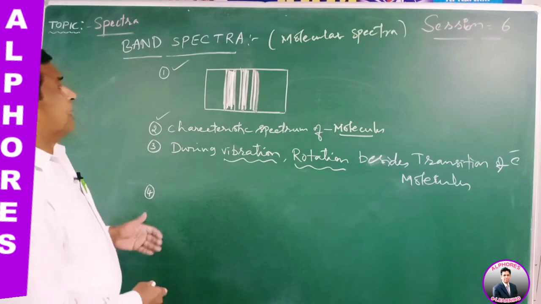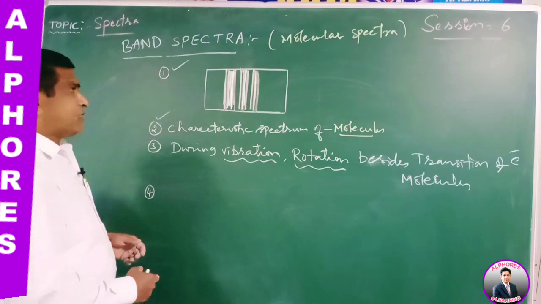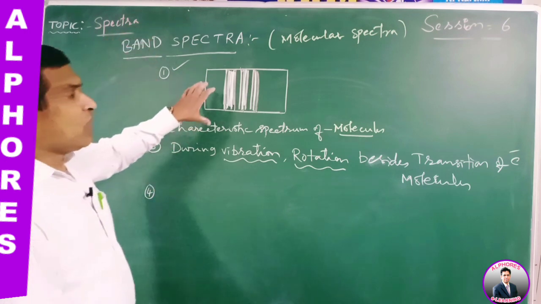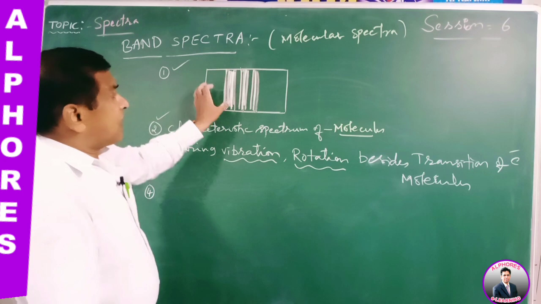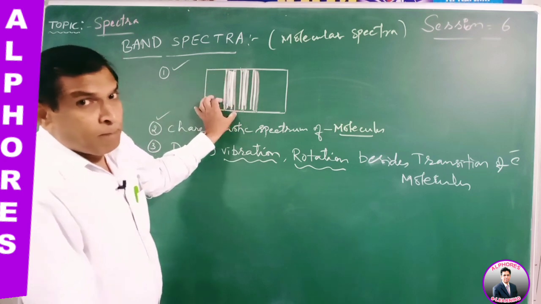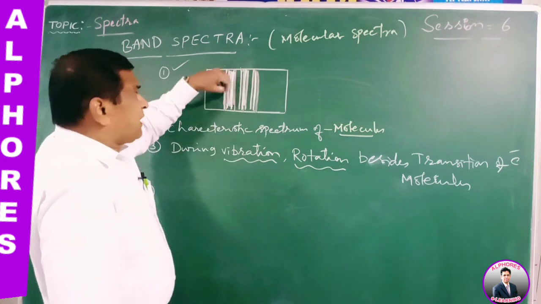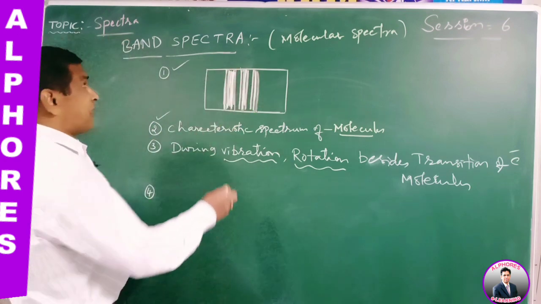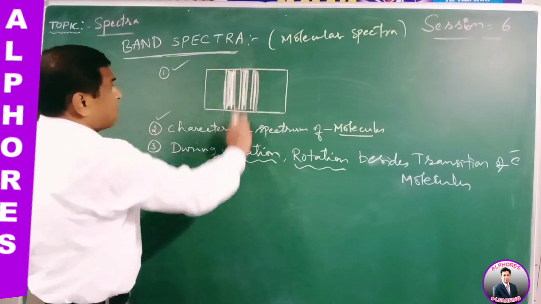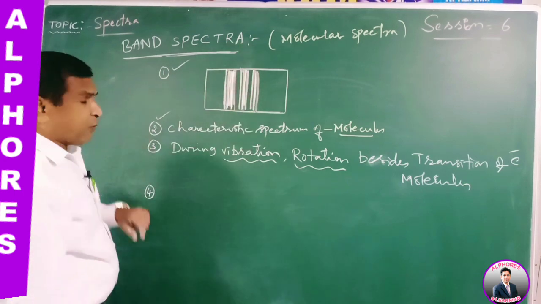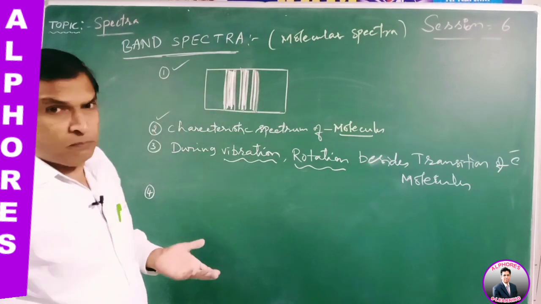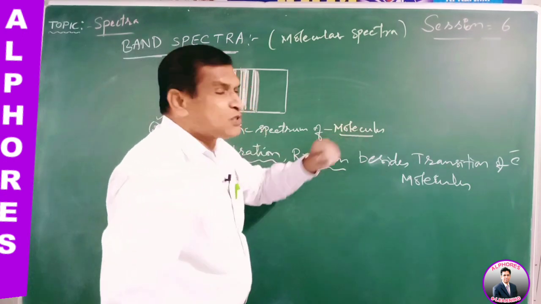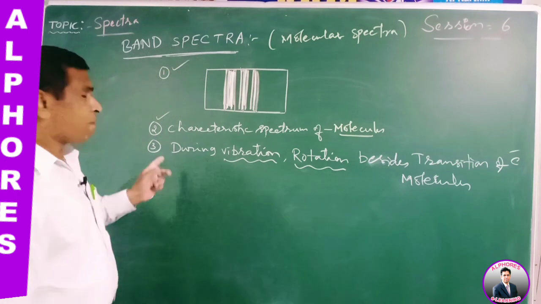Once again, let us see the quick revision of all these four points. Band spectra: the spectra in which the spectral lines are arranged closely compact appear in the form of bands, therefore it is called band spectra. The second point, this band spectrum is the characteristic spectrum of molecules, therefore it is called molecular spectra.